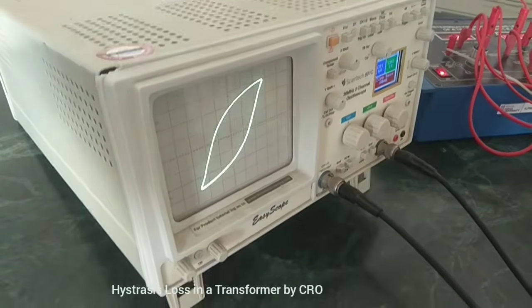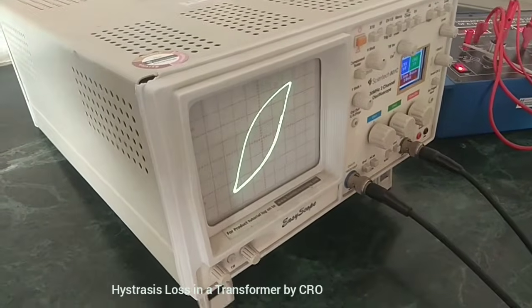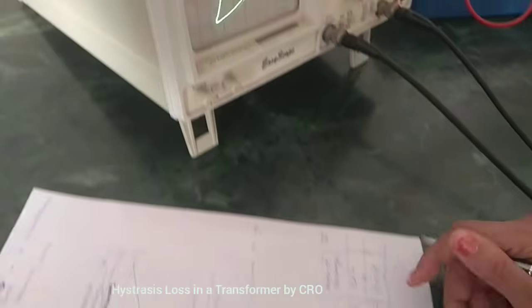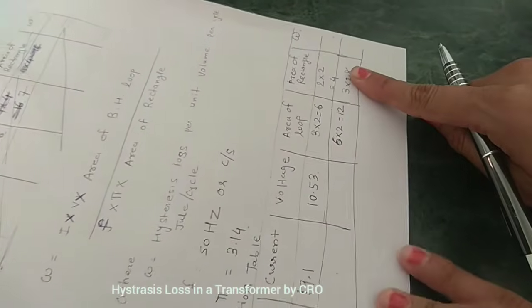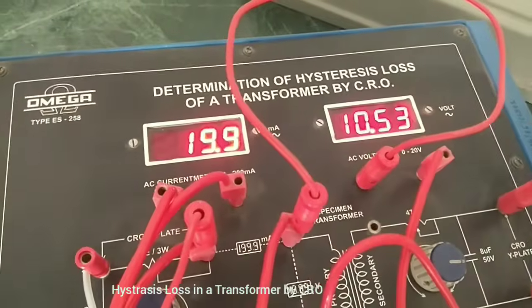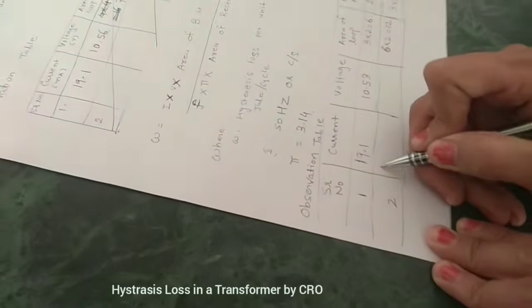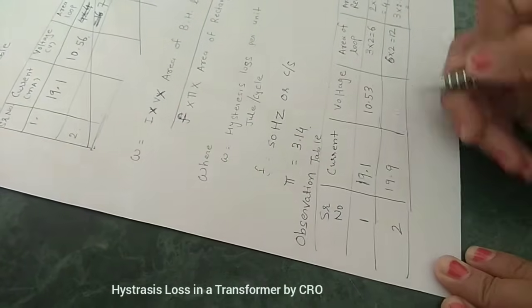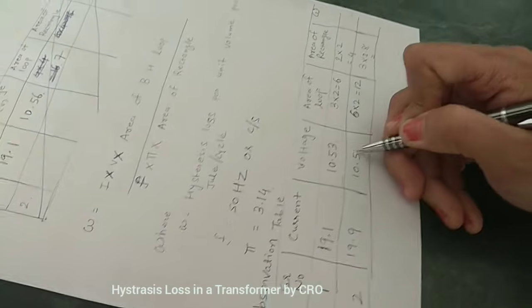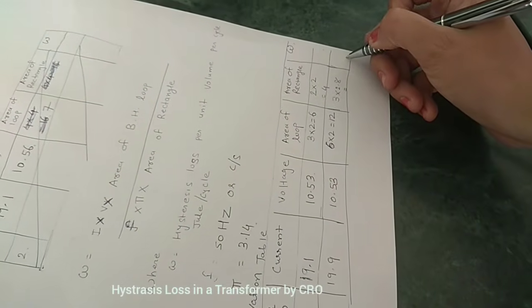So 3 into 2.8, multiply this, and that will be the area of the rectangle. The voltage and current measured here: the voltage is 10.53 and the current is 19.9. From that you can calculate the hysteresis losses and make a conclusion.